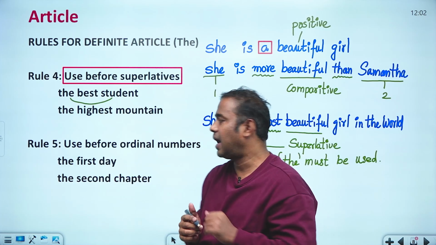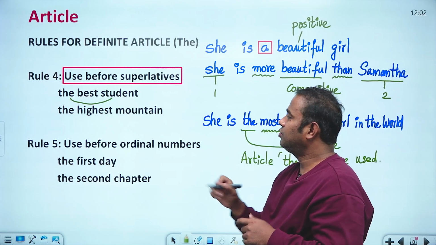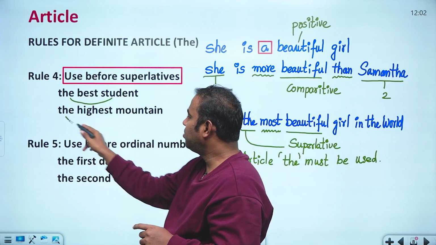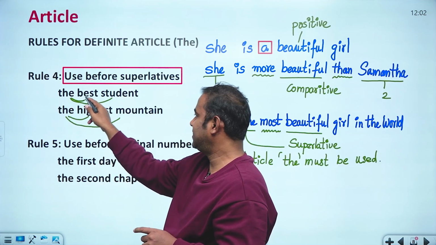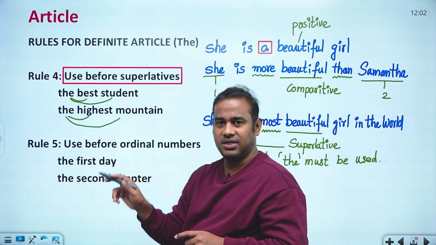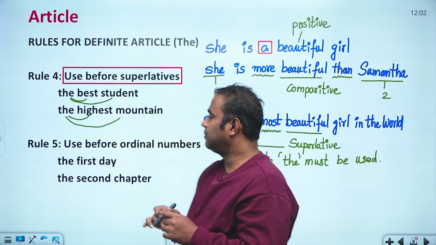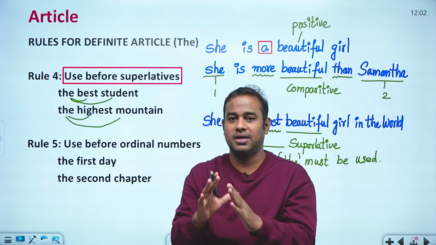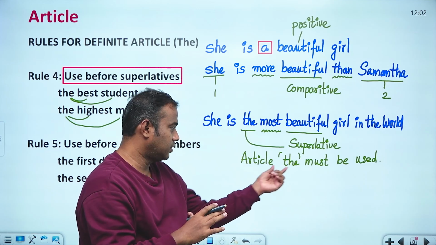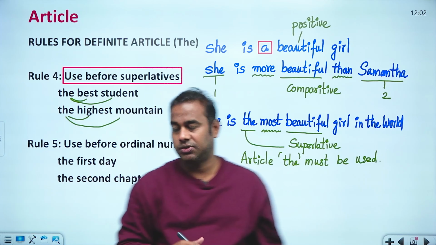Please be mindful about it. You are not using the mountain, you are using the highest, the best, the worst, like this. So it is mandatory that you use the article in front of superlatives. That's one point.